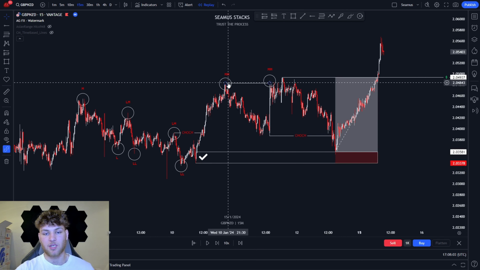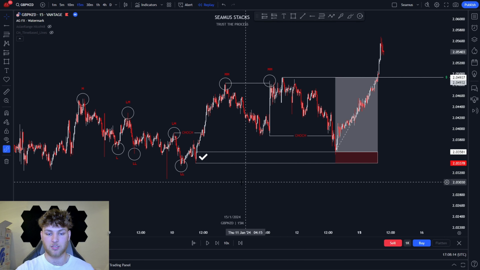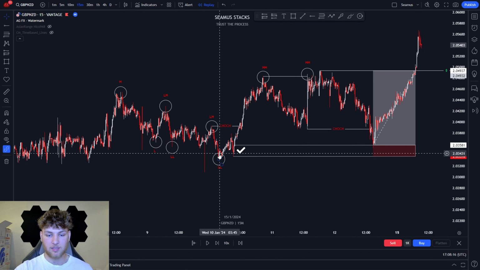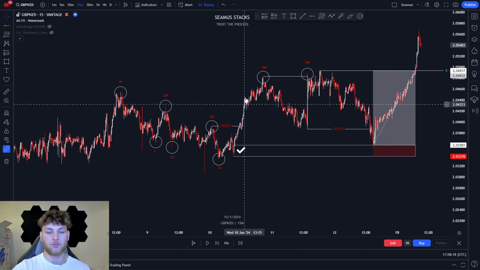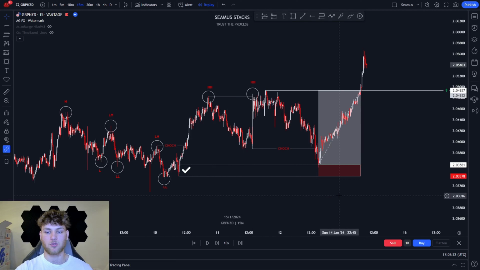So we know that when we see a higher high, that is a bullish market that we are in. So we're looking for buys, and then we're looking for demand zones in the area of the last structure point, which was created before the change of character. And we know that this was the last low that was created before we got that change of character to the upside. And that is where we want to enter off of.